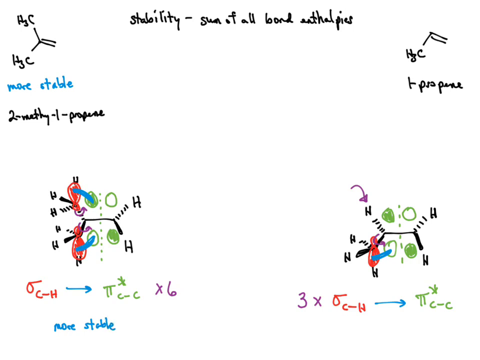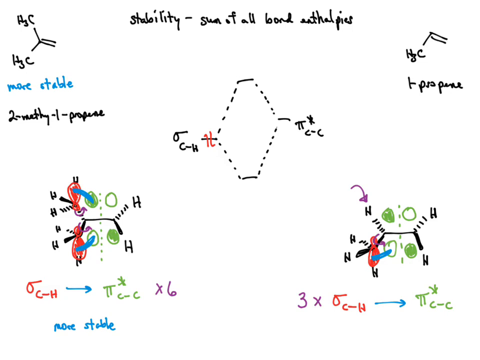Now, how do we know that this is the case? We can take a look at the overlap between a sigma CH pair of electrons with a pi star CC antibonding orbital. So we have 2 electrons here. Let's say we overlap those 2 orbitals. They will create 2 new molecular orbitals.